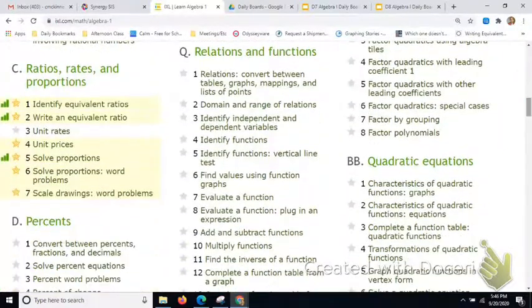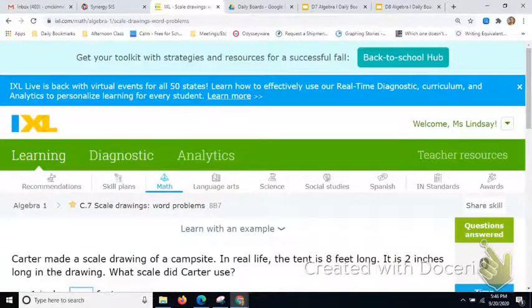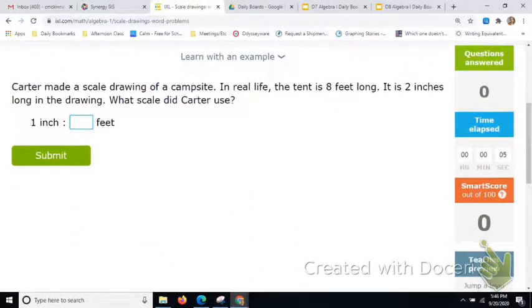And then the last of the C lessons that we're going to do is about scale drawings. And scale drawings, if you hear someone say something is drawn to scale, or maybe you hear them say or read that it's not to scale. So a scale drawing would be like if you had a blueprint of your house.